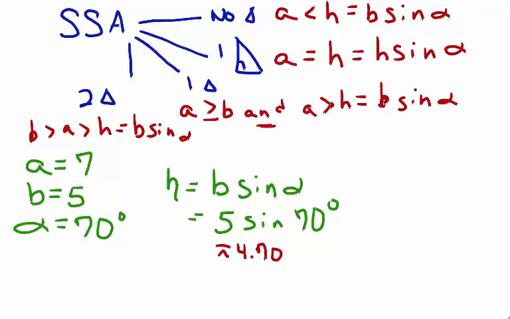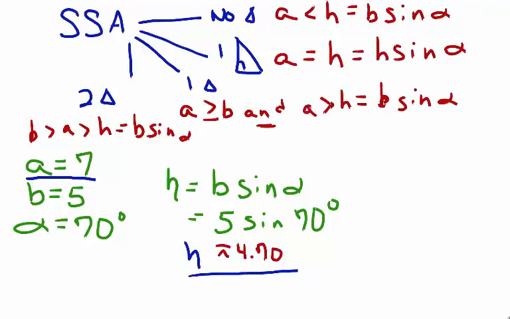So let's compare side A to our height H. Well, if A equals 7 and our height H equals about 4.70, we see that A is greater than H. So this means that we must have one triangle.